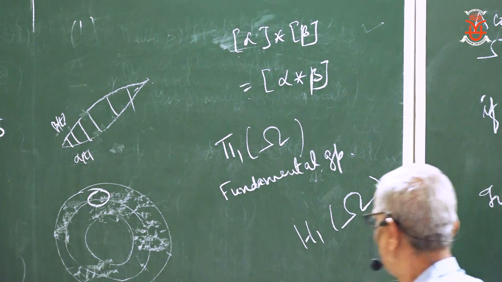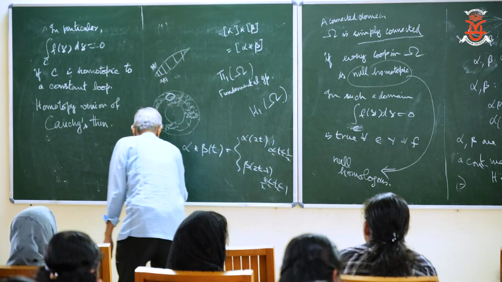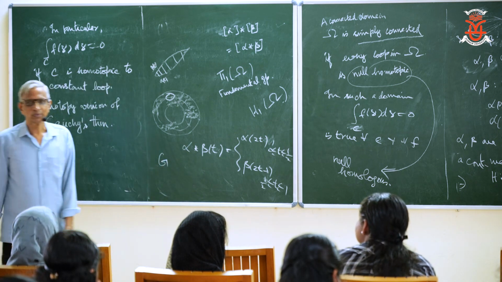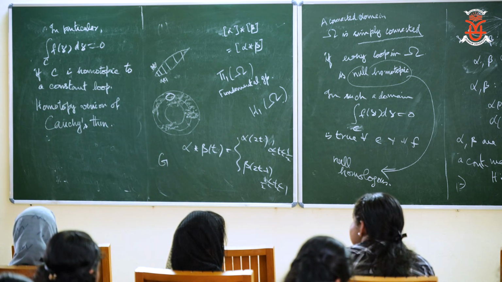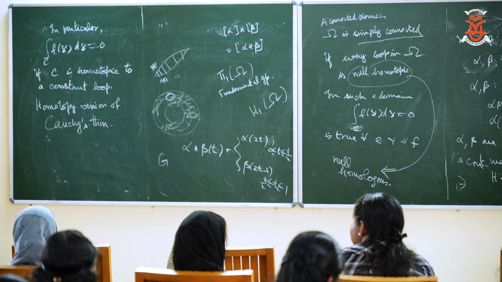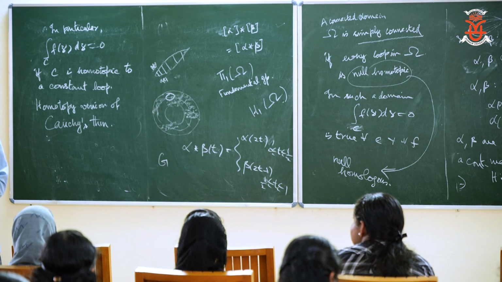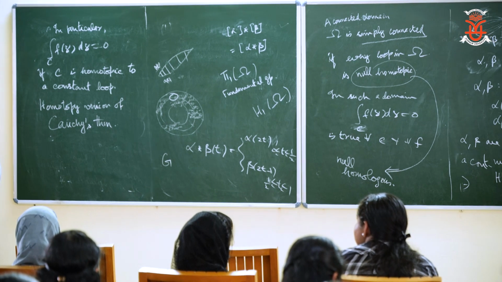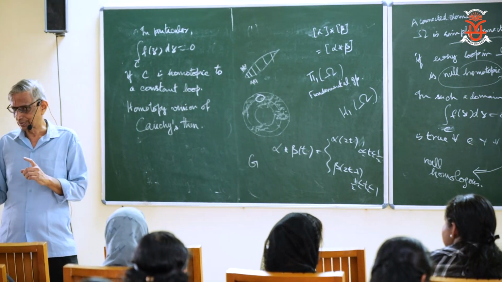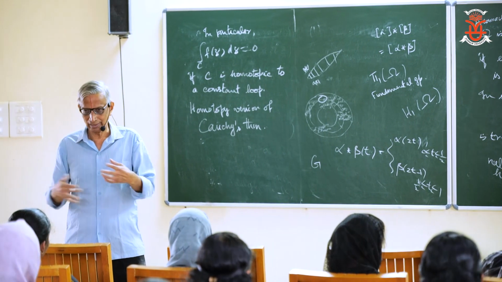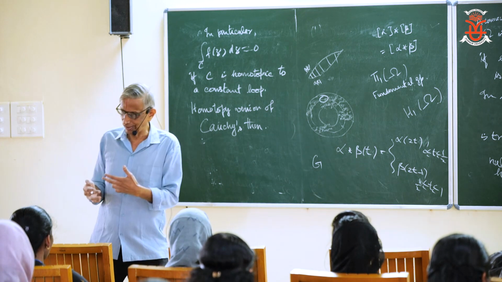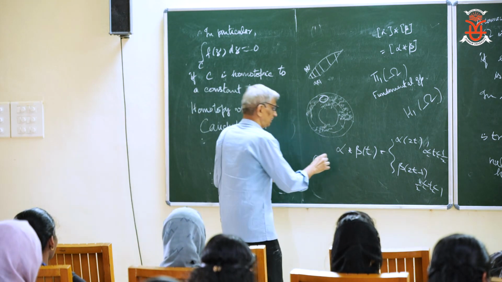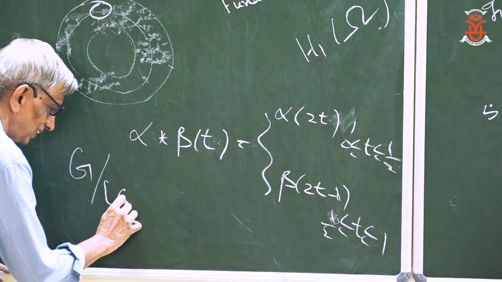If you start with a group G, you look at the commutator subgroup. You know what the commutator subgroup is? You look at all elements of the form a, b, a inverse, b inverse, and look at the subgroup generated by all such elements. This is called the commutator subgroup, and generally denoted like this.